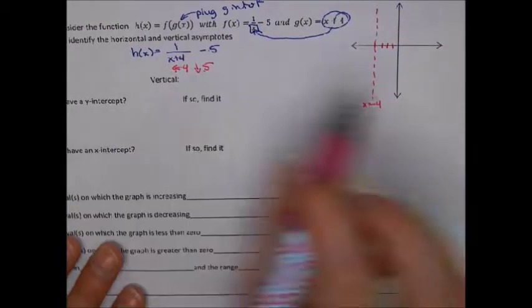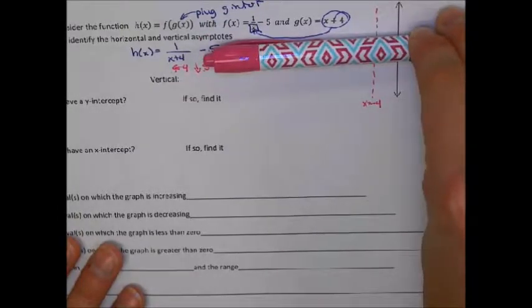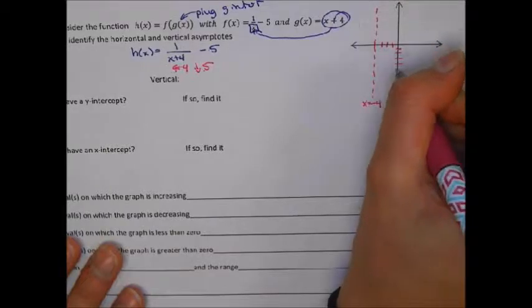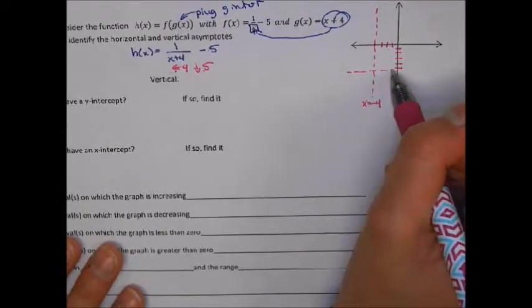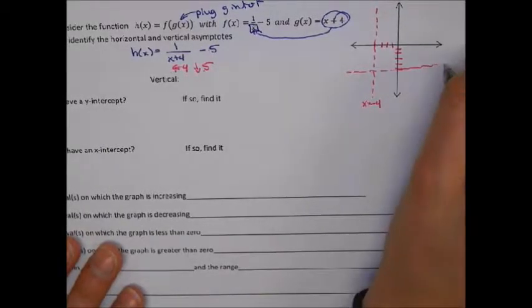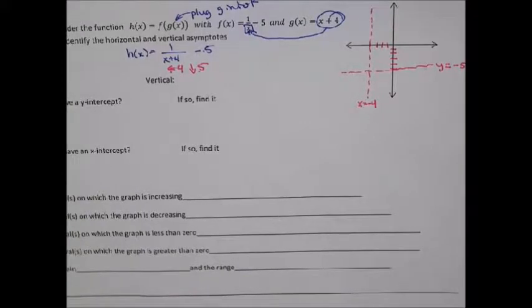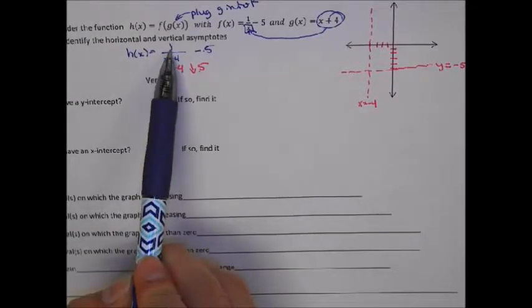If I'm going down 5, that's my horizontal asymptote. That's going down 1, 2, 3, 4, 5. And so that's at y equals negative 5. And from there, do we have a stretch?